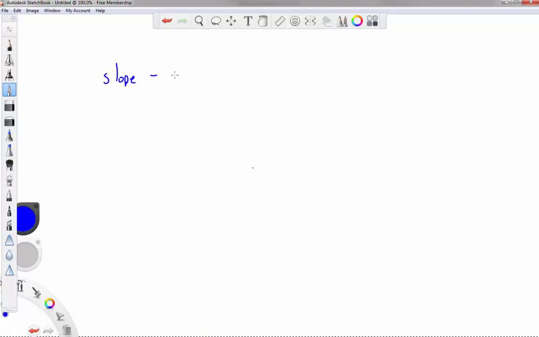Slope equals 1/2 times acceleration. Or symbolically, we would write m, because that's what you usually use for a slope, as in y equals mx plus b. So the m in that equation is the slope.